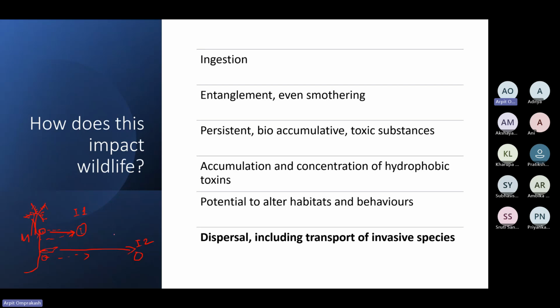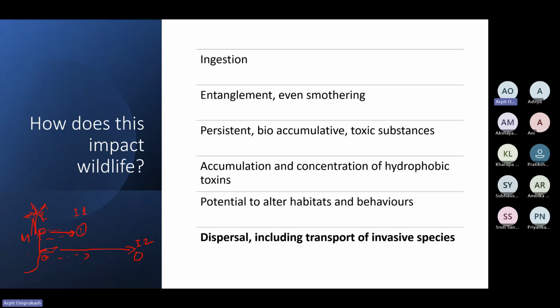So this basically increases the risk of invasives being transported into different areas. If this organism earlier was only found in the mainland and island one due to its limited dispersal ability, and island two has been structured in a way so that this organism is basically invasive here, it will compete with the species of organisms that are found here.